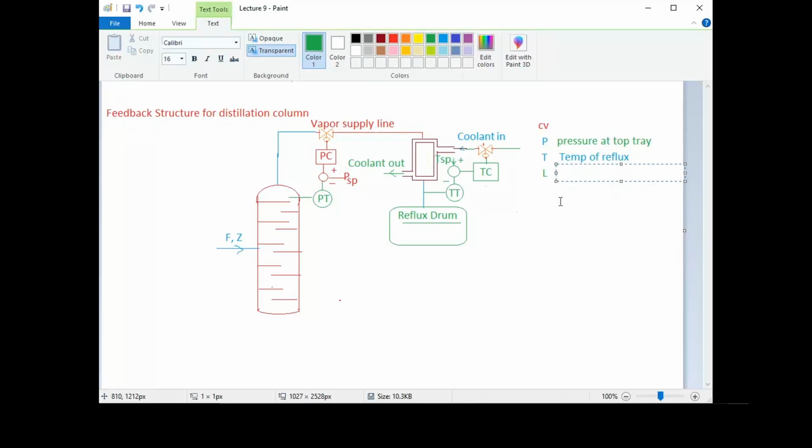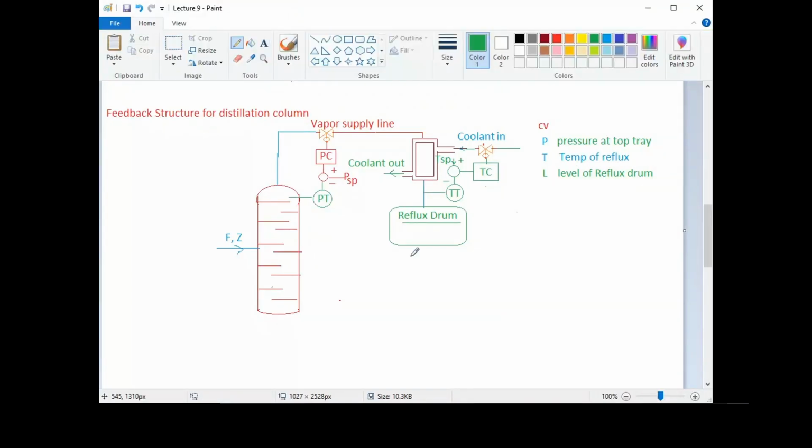So level of reflux drum will be our third variable. It's because this should not be overflooded. So this will be our third variable.